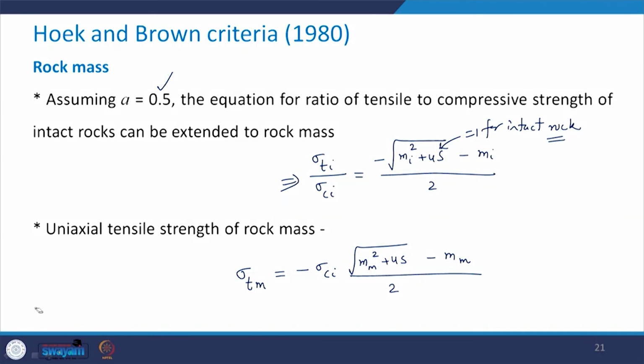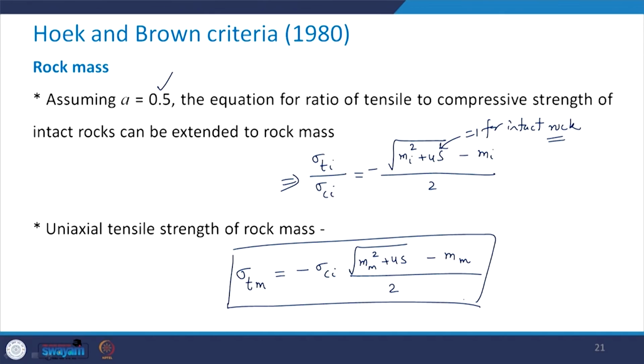So, just take note of it here that this negative sign would be here. So, this is how we are going to get the uniaxial tensile strength of the rock mass.